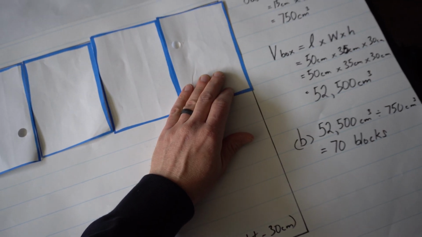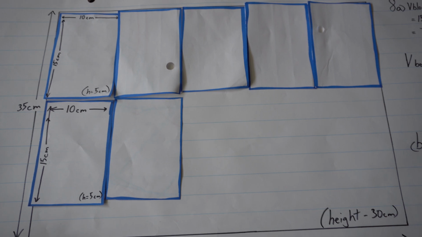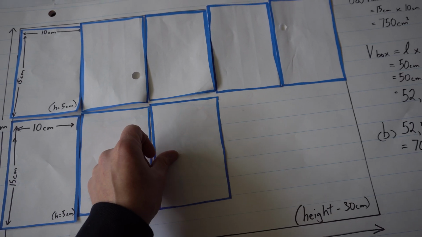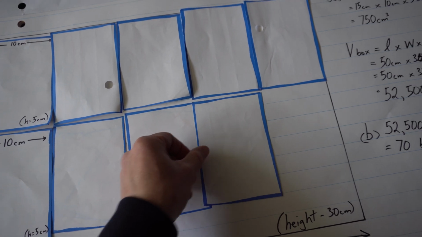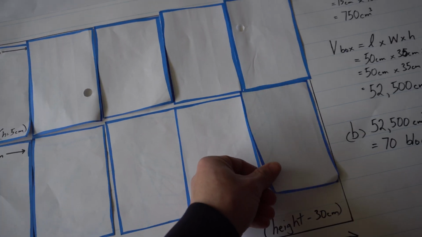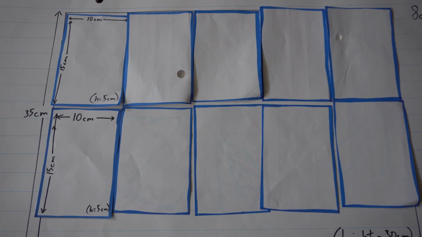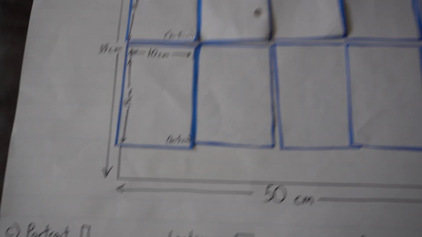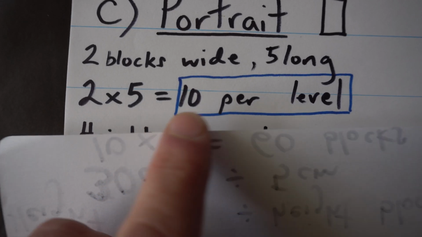So you can have 5, whoops, I should finish it off, I guess. You can have 10 blocks per level. Now remember that, again, 2 blocks wide, 5 blocks long, 10 blocks per level.